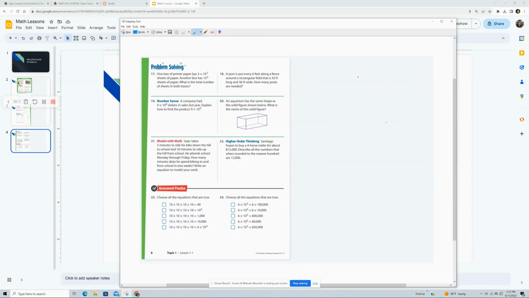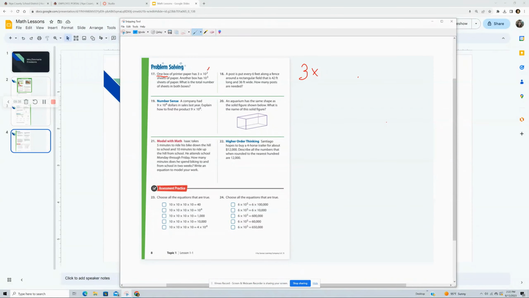One box of printer paper has 3 times 10 to the second power sheets of paper. Another box has 10 to the third power sheets of paper. What is the total number of sheets in both boxes? Okay, so we know that one box of printer paper has 3 times 10 to the second.